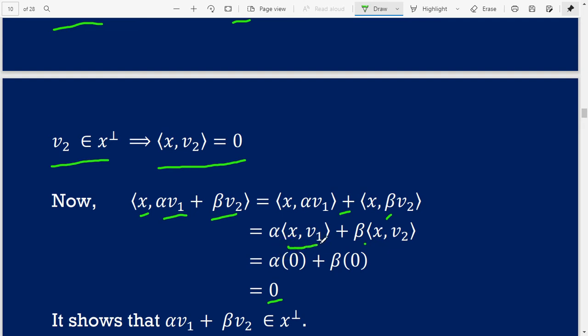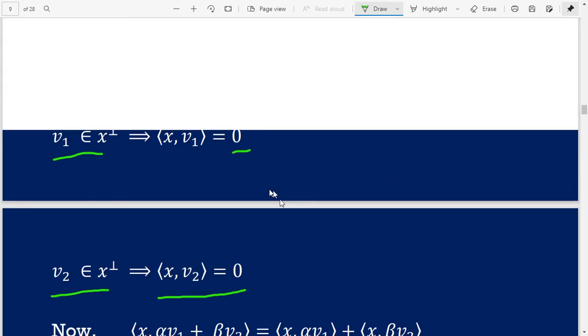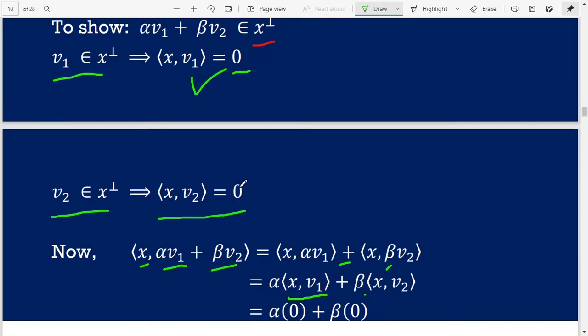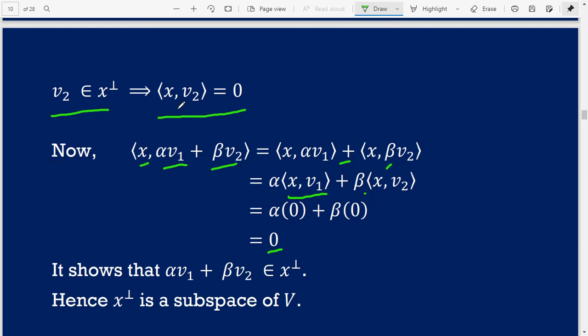But the inner product of x with v1 is equal to 0, and the inner product of x with v2 is equal to 0. So alpha into 0 is equal to 0, plus beta into 0 is equal to 0. So the inner product of x with alpha v1 plus beta v2 is equal to 0.